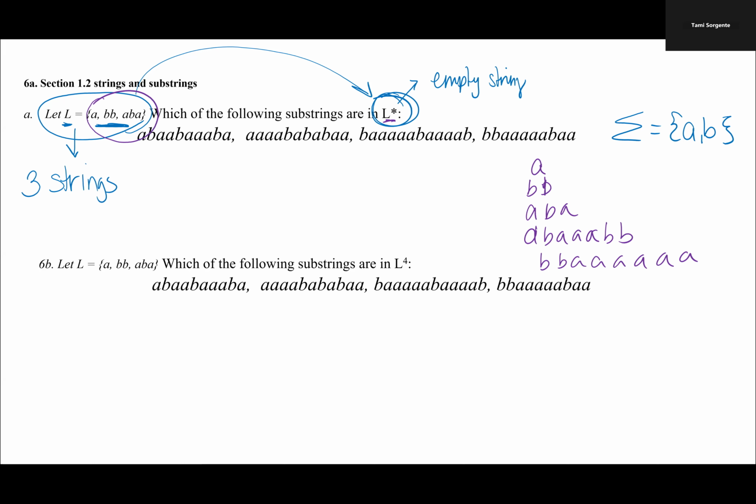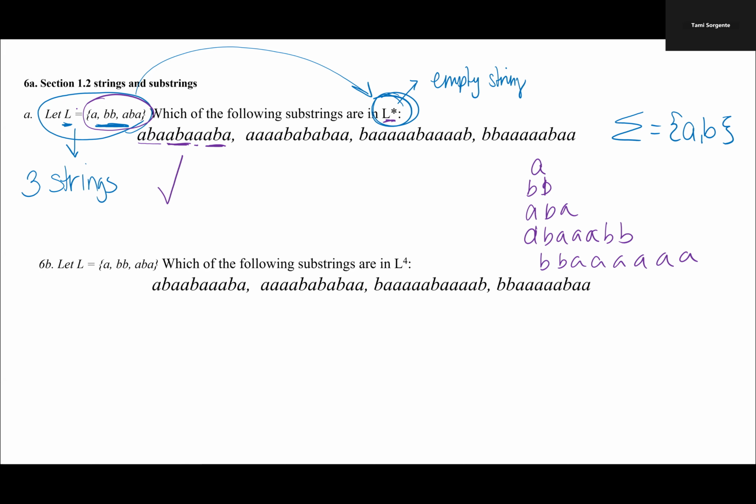Then you just take a look at these strings right here. When we take a look at these strings, I can concatenate ABA, another ABA, the single A, and an ABA. So that means that, yep, this string is made up of the concatenation of these strings that are in my language any number of times.